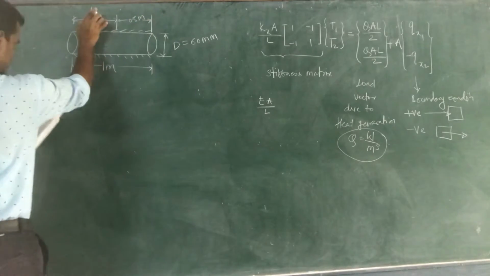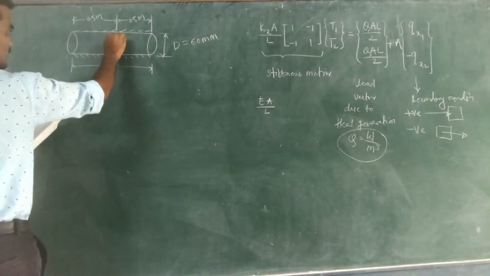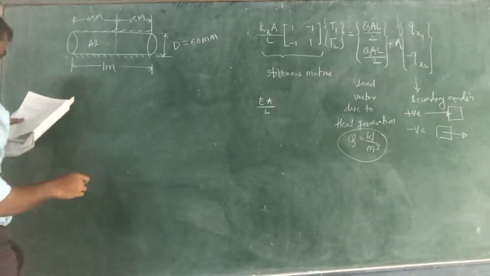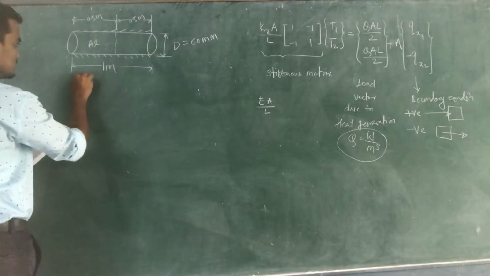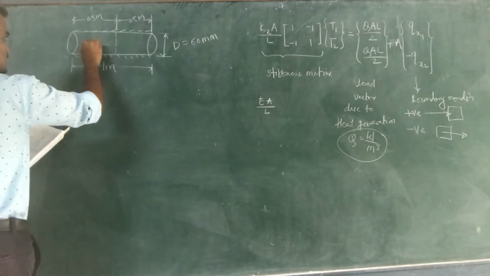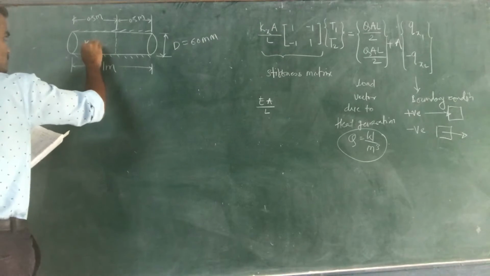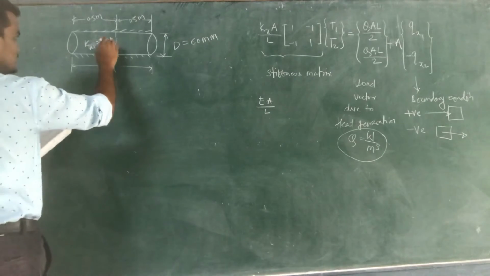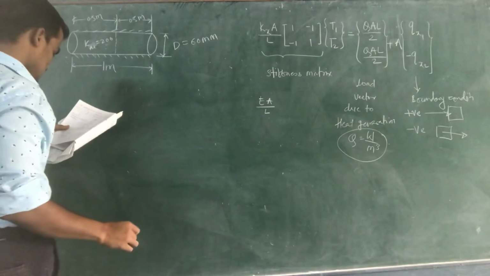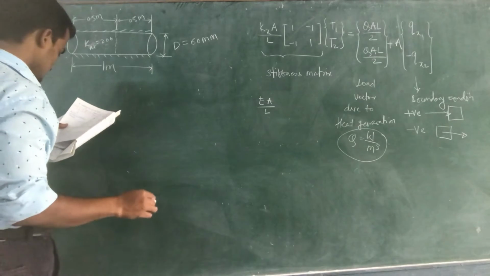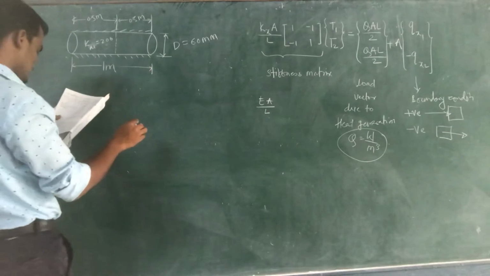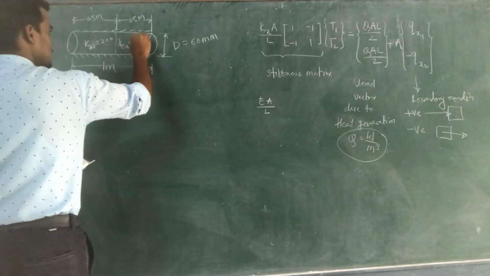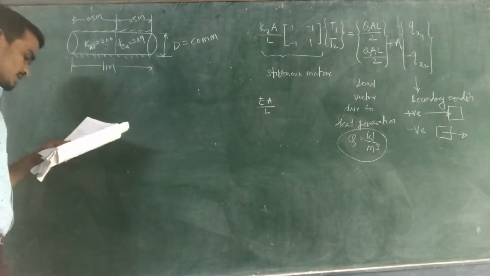The left half is of aluminium material, which has Kx, or K aluminium, equal to 200 watt per meter degree Celsius, and the right half is of copper, which has Kx equal to 389. So K copper is equal to 389 watt per meter degree Celsius.